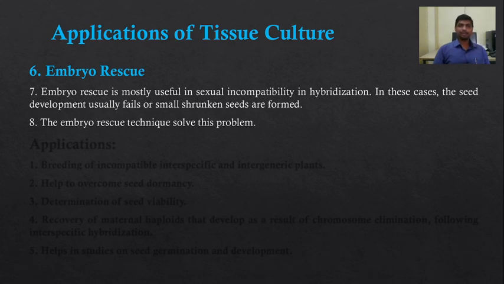Sexual incompatibility is the inability of the pollen to effect fertilization. In this case, the seeds produced are usually small, shrunken seeds with immature embryos, or seed development fails. In such cases, the embryo rescue technique is used, where the immature or non-surviving embryo is excised, removed or rescued from the seed and cultured on the nutrient medium.